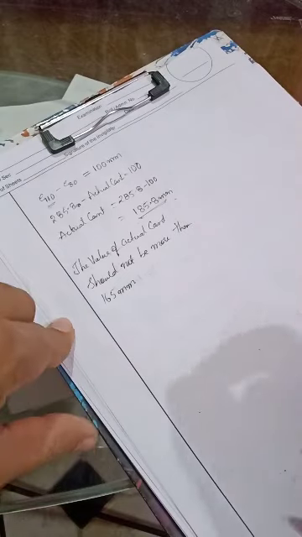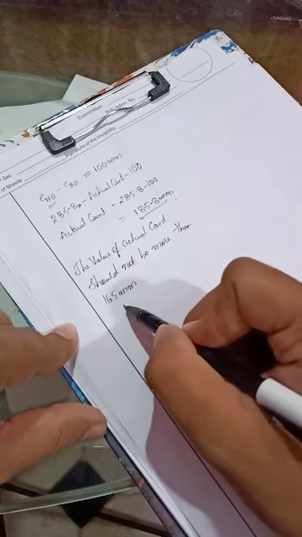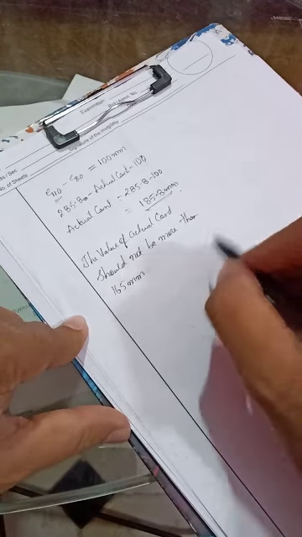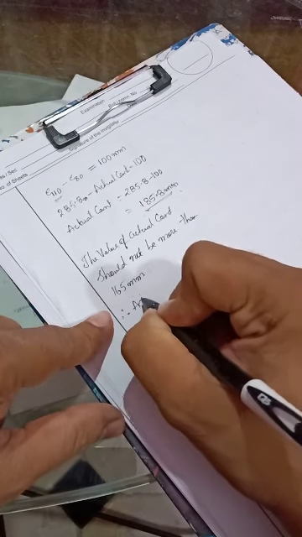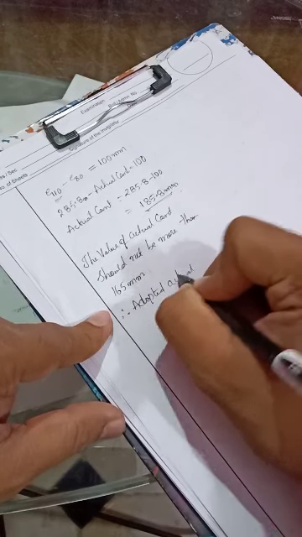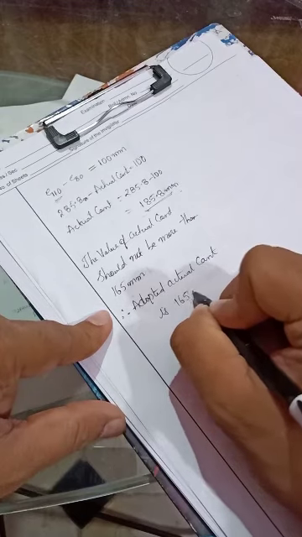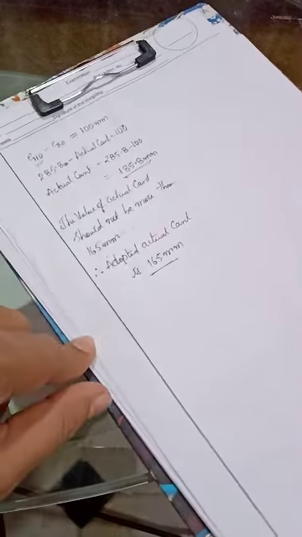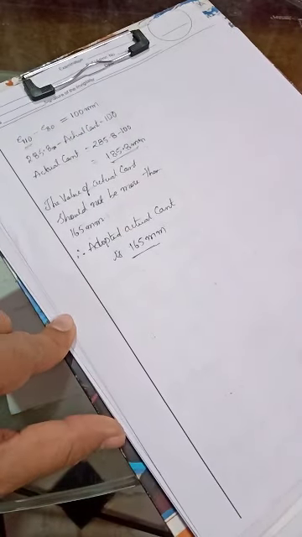Therefore, the above value of 185.8 mm will be limited to 165 mm. Therefore, the finally adopted actual cant is 165 mm.